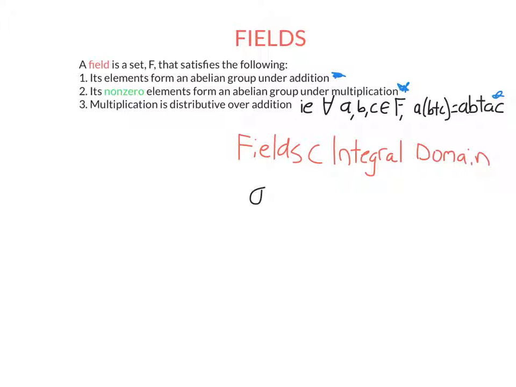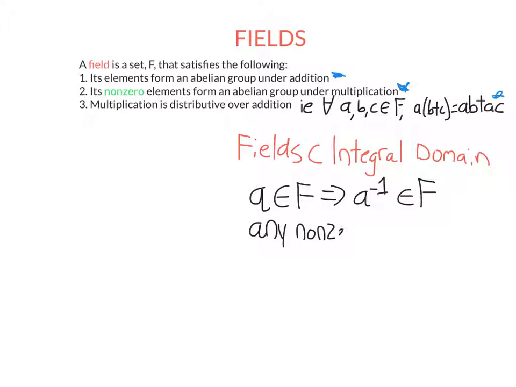So if a is an element of the field, then its multiplicative inverse has to be a member of the field. So this means that any non-zero element of the field is a unit.